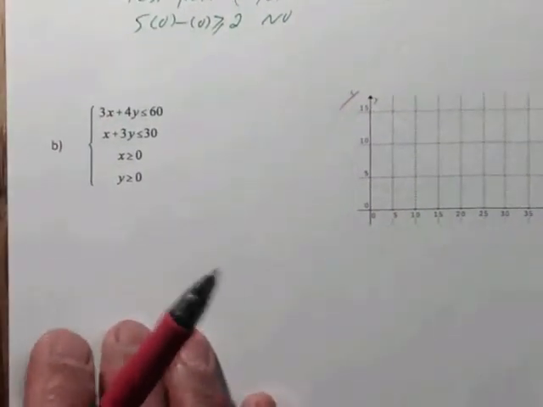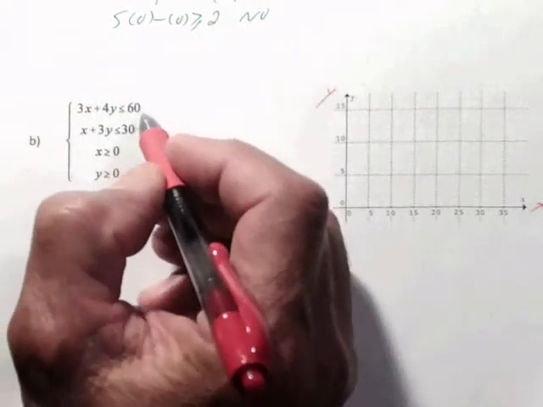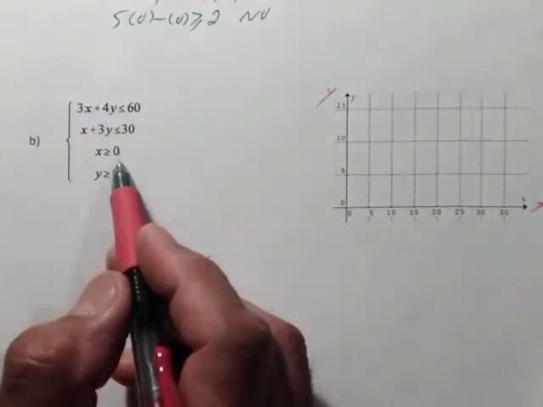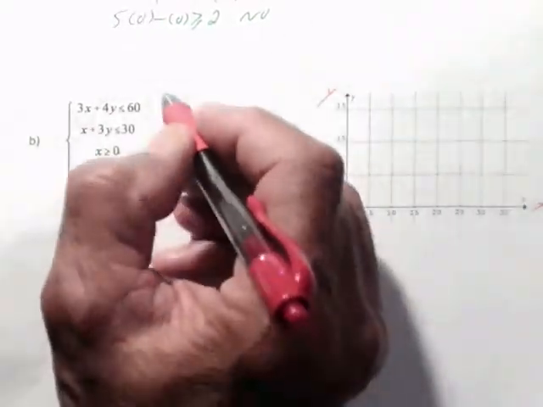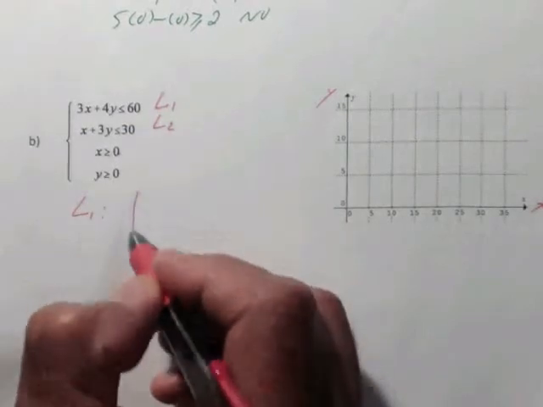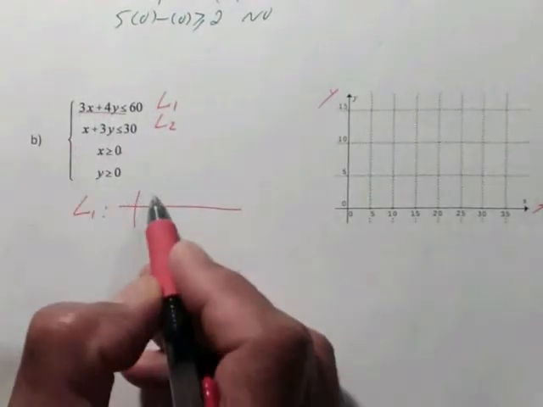Okay. So let's see. Again, you just do the same thing we did before, but we apply this restriction here to see what happens to the region. So again, I want to call this one L1 and L2. Let's see for L1. Put x equal to 0.